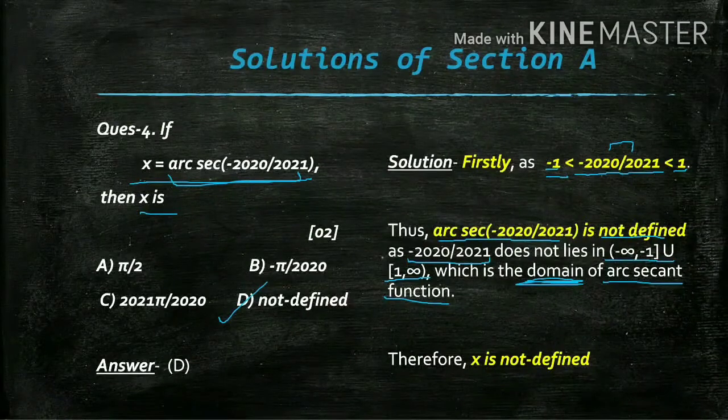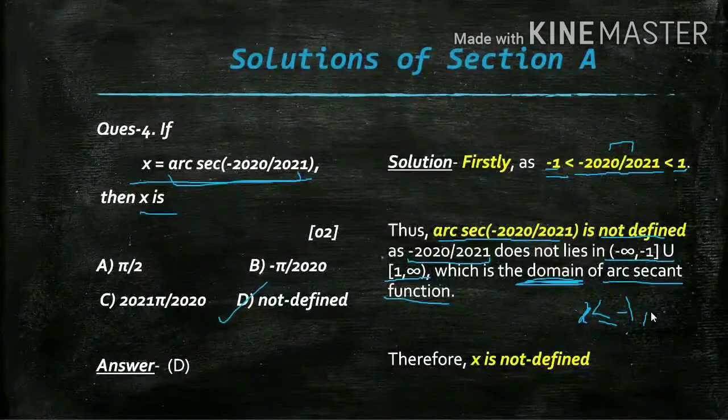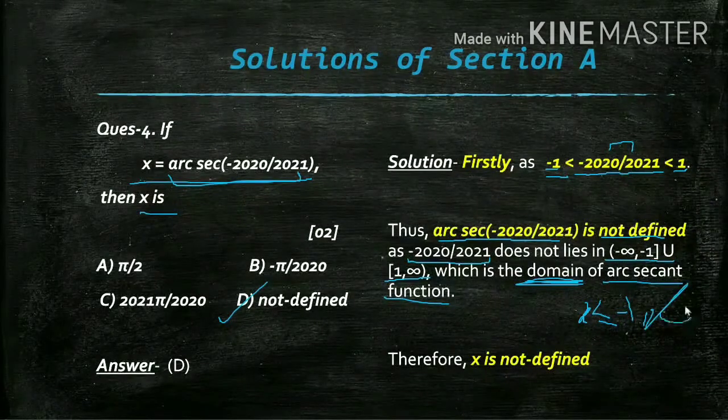We have the domain for the secant inverse function: x less than or equal to minus 1, which is nothing but the open interval minus infinity to closed minus 1, or x greater than or equal to 1, which is nothing but closed 1 to open infinity. But this value lies in the middle, which is not over here.